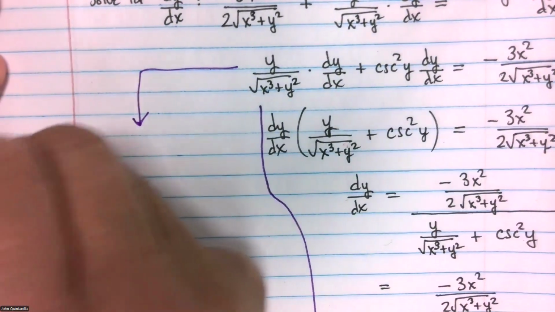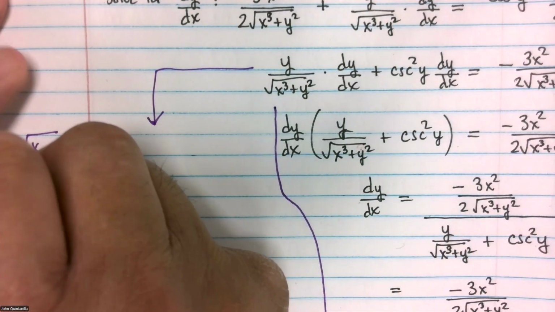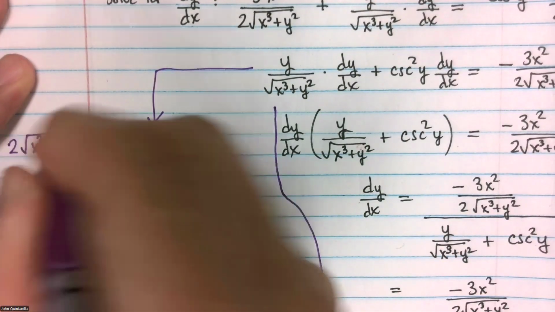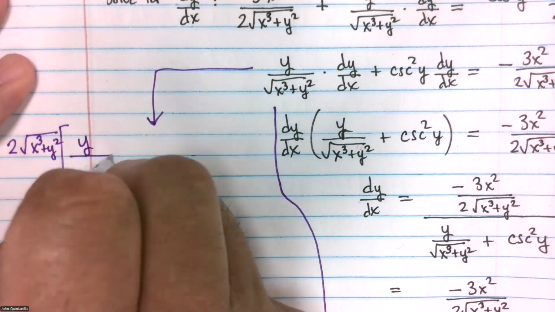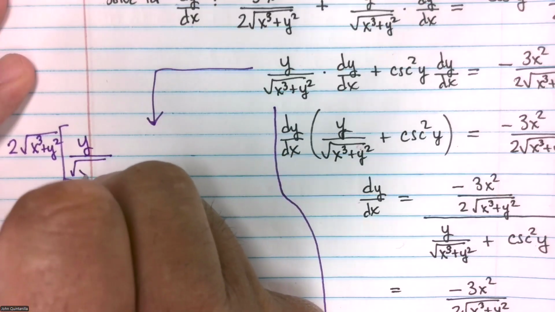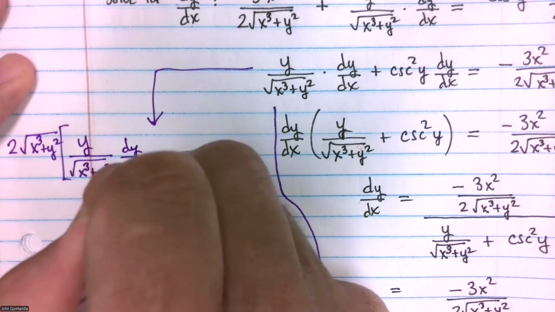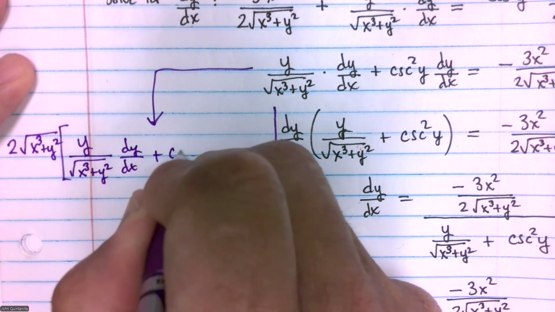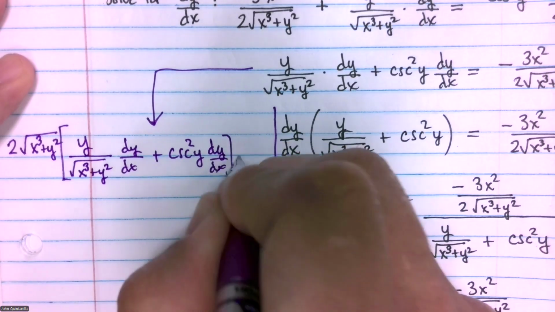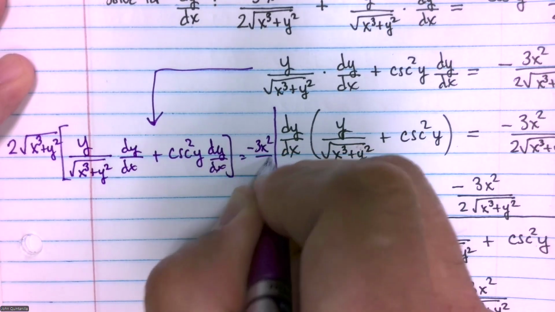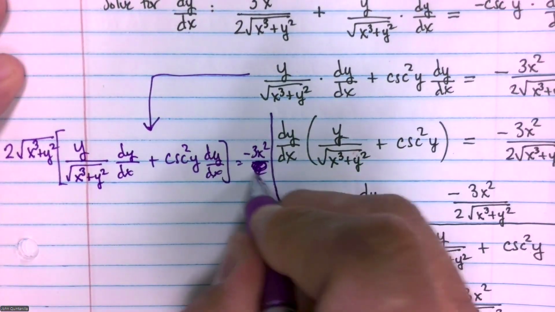On the left-hand side, I would have 2 times the square root of x cubed plus y squared, times the right-hand side, y over the square root of x cubed plus y squared times dy/dx plus cosecant squared y dy/dx, equals negative 3x squared over 2. Actually, not over 2, minus 3x squared, pardon me.